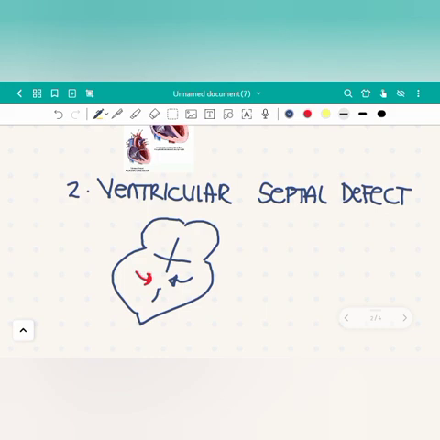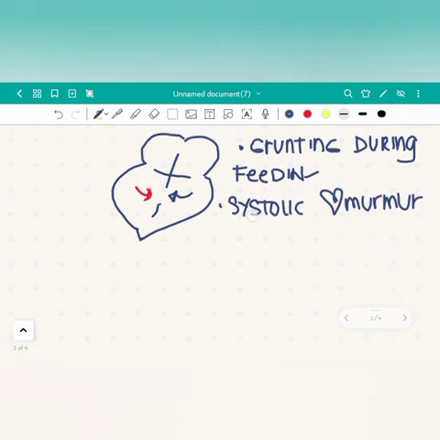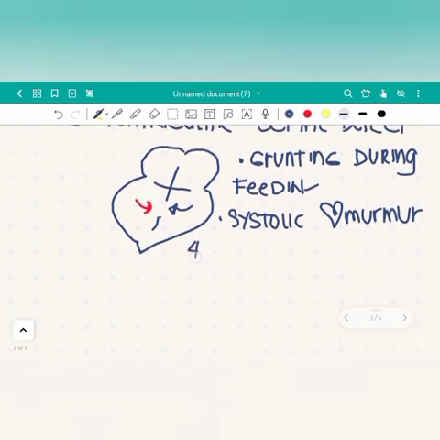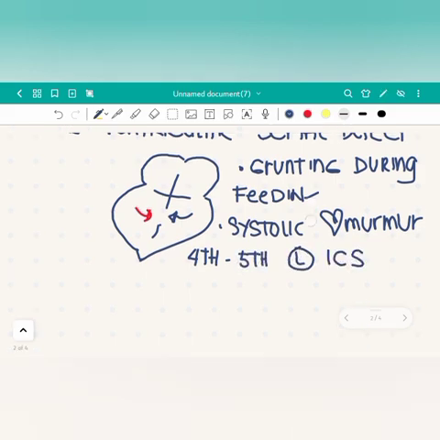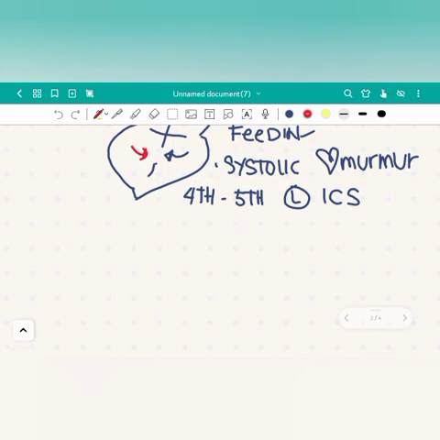Okay, from the oxygenated and deoxygenated blood, nagkakaroon ng mixing. So the signs and symptoms for this patient, nagkaroon ng grunting during feeding, and there is a systolic heart murmur. Saan? It was located on the 4th to 5th left intercostal space, okay? And in the atrial septal defect, kapag nakakarinig ng murmur, it is normal or expected with that defect.